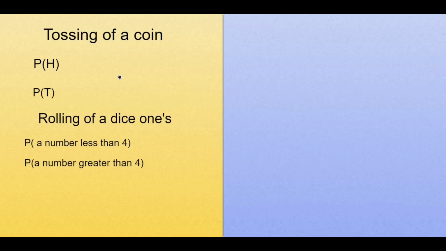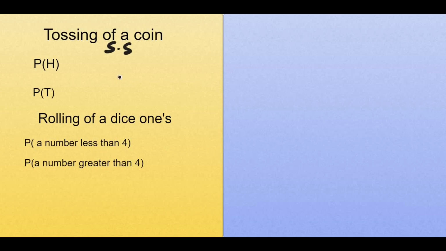Having understood the method of writing sample space for various events, now let us try to understand the meaning of elementary events and how elementary events are connected to the probability of a sure event and probability of an impossible event. To understand this, consider the case of tossing of a single coin only once.